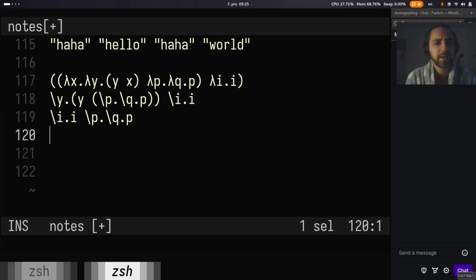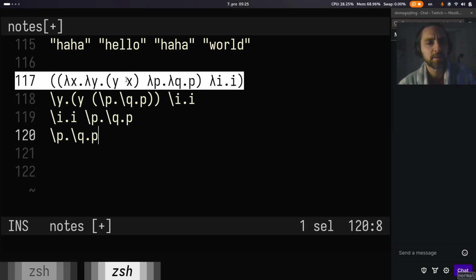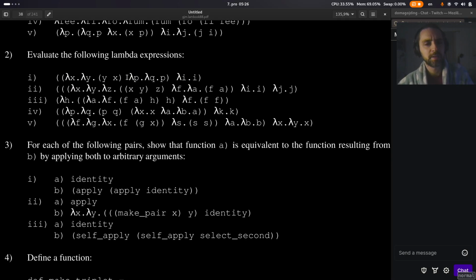Right? And that's what we have. And now we just have lambda p dot lambda q dot p. And we're done. Lambda p lambda q p.